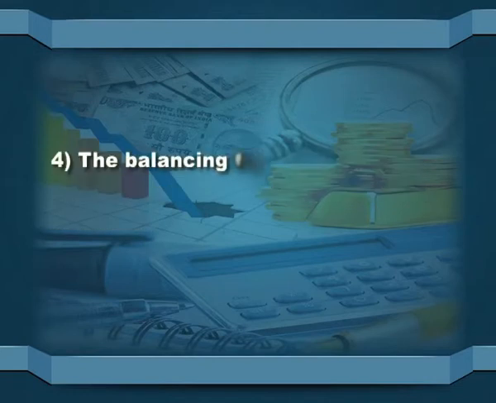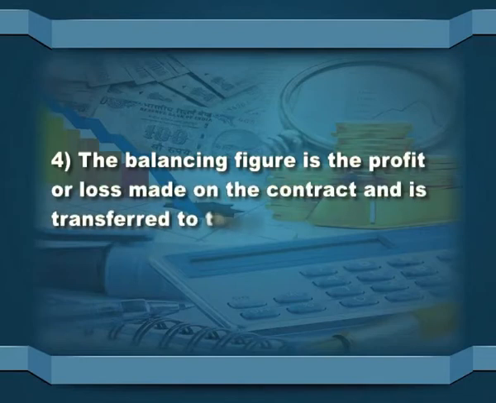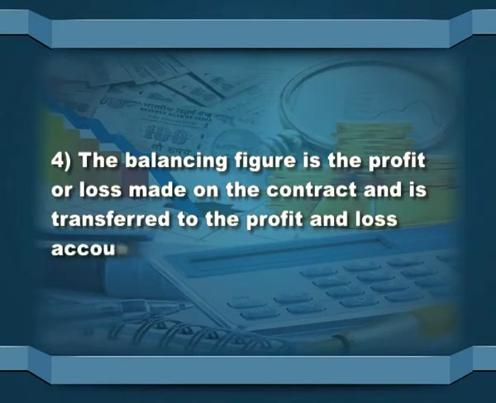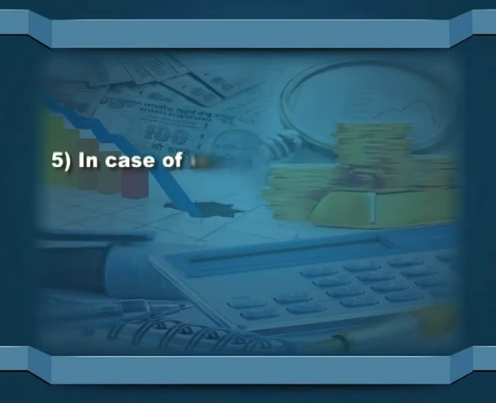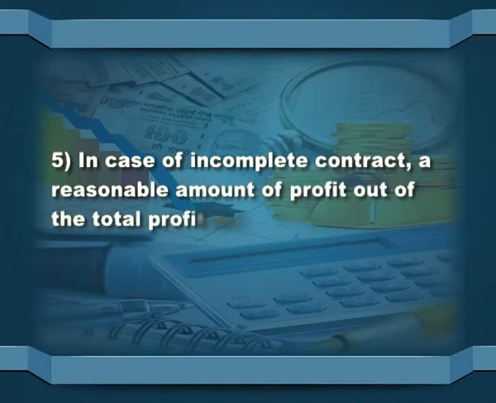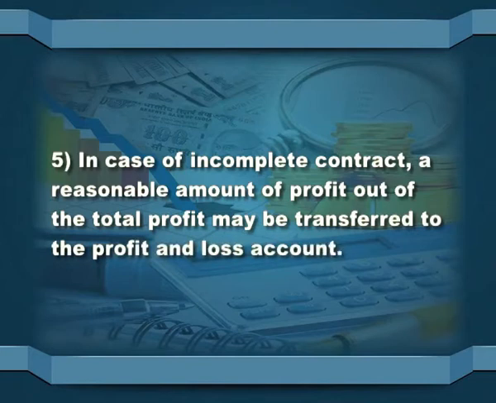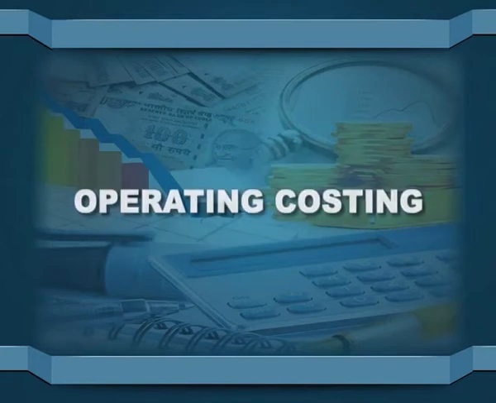Number 4, the balancing figure is the profit or loss made on the contract and is transferred to the profit and loss account. Number 5, in case of incomplete contract, a reasonable amount of profit out of the total profit may be transferred to the profit and loss account.